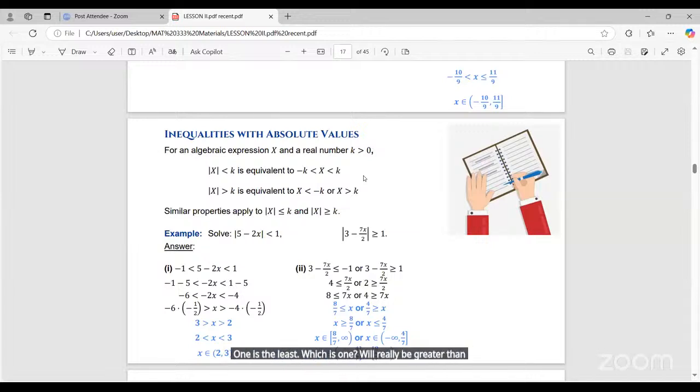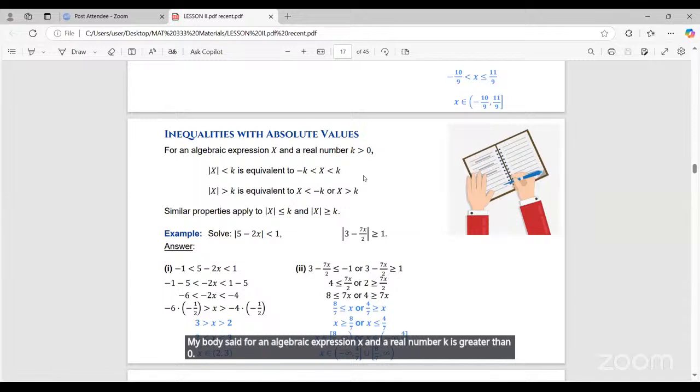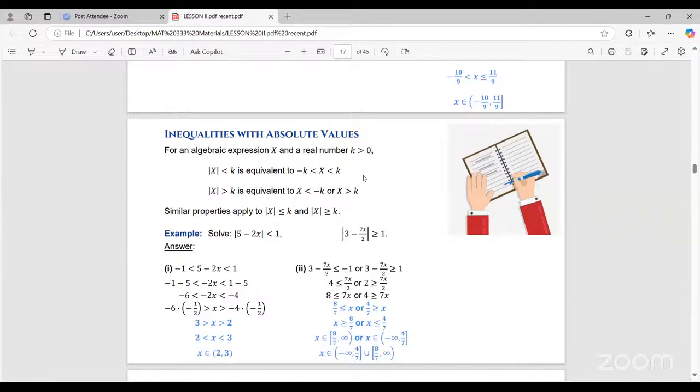That means k will either be 0 or k will be negative. Those are the two possibilities. My body said for an algebraic expression x and a real number k greater than 0. They didn't say k is supposed to be less than 0. There are two possibilities when the absolute value is greater than k. It is either k is negative or k is 0.